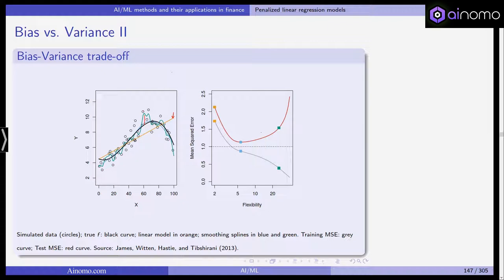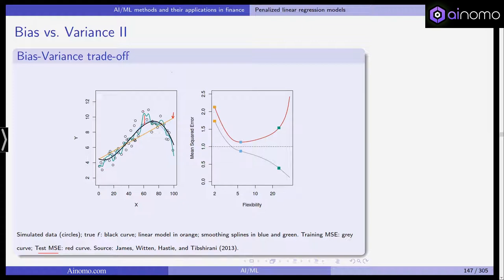So what can we see on the right-hand side? Actually, we can see the flexibility on the x-axis and the mean squared error. The red curve is the test MSE, and the gray curve is the training MSE for those different models. Here you can see the OLS model, the linear model.